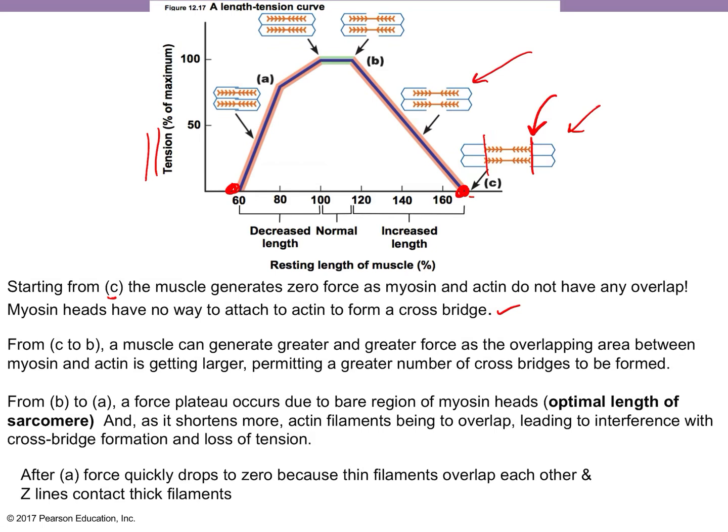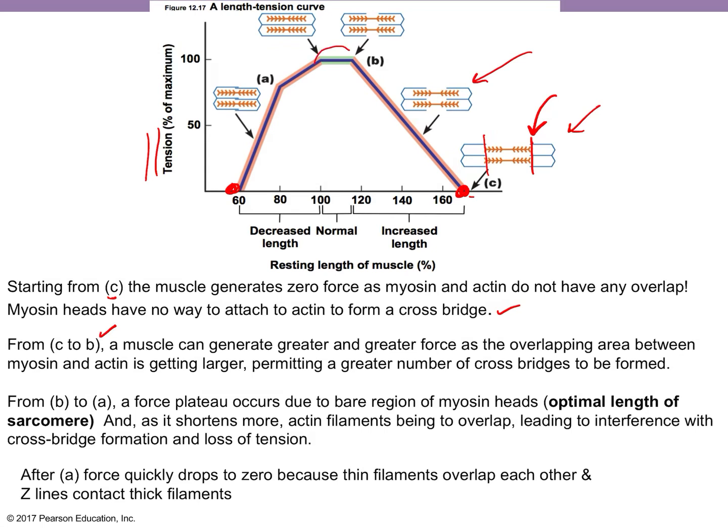As you move towards letter B, you can see the picture of the sarcomere is starting to overlap. When you increase the overlap, now you have areas for the myosin heads to grab onto, and you can have some tension being built, right? You can pull the sarcomere a little bit closer. So from C to B, a muscle can generate greater and greater force as the overlapping area becomes greater and greater. Until when? Until the optimum length, right?